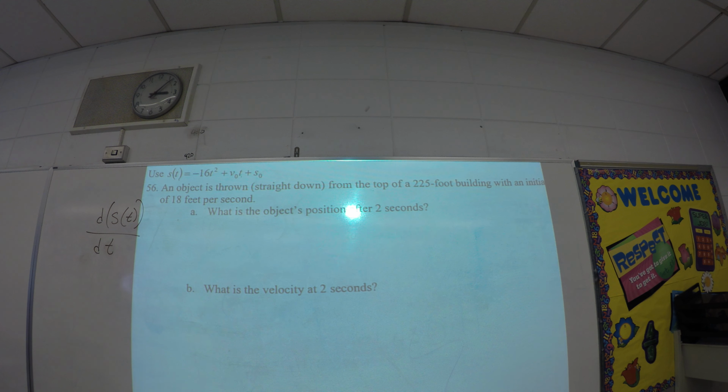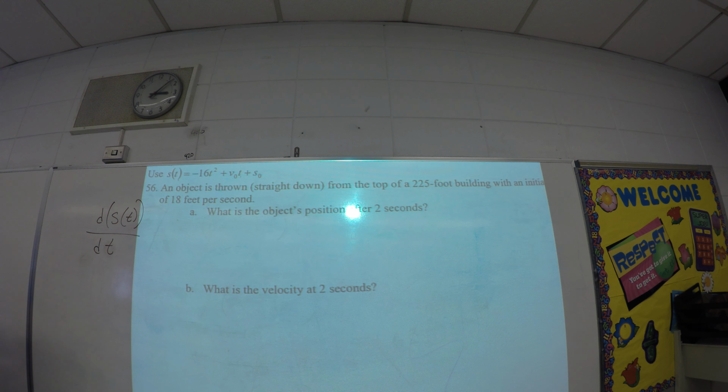So what you get is the change in distance with respect to time. So how much distance are you covering at a certain point in time? This is for A, this is for B. Okay. So that's what velocity is in a nutshell.